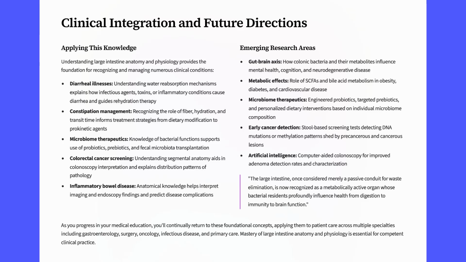Future research directions include investigating the gut-brain axis and its role in functional disorders, exploring microbiome modulation as a therapeutic strategy through probiotics, prebiotics, and fecal transplantation, developing personalized nutrition based on individual microbiome composition, and advancing early detection methods for colorectal cancer. The large intestine represents a fascinating intersection of anatomy, physiology, microbiology, and clinical medicine, with ongoing research continuing to reveal its complexity and importance.